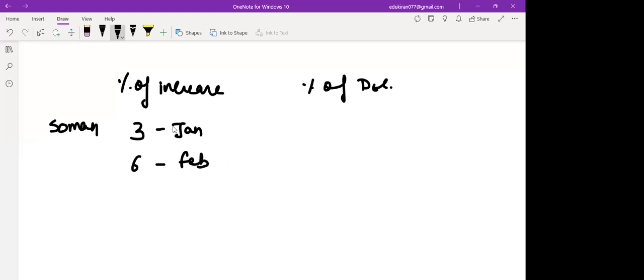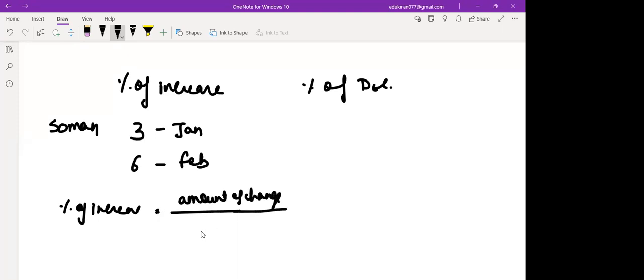You have to find the percentage of increase. What is the formula? Amount of change divided by original amount or base, multiplied by 100.